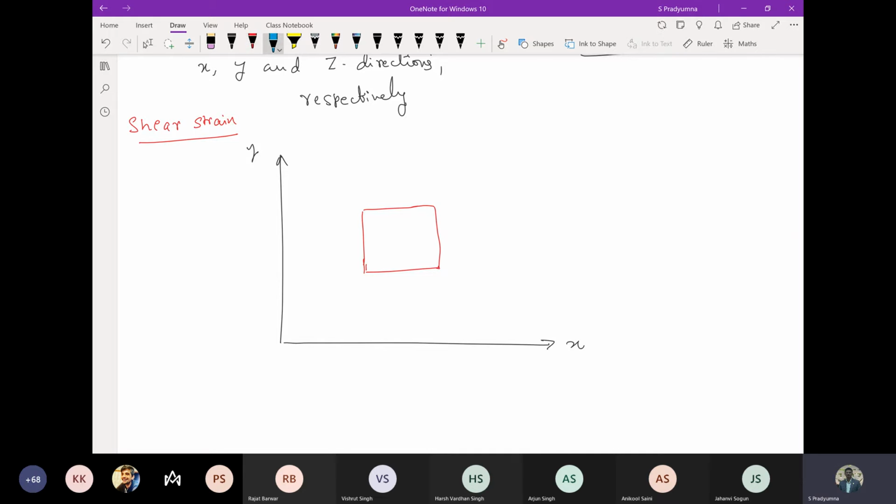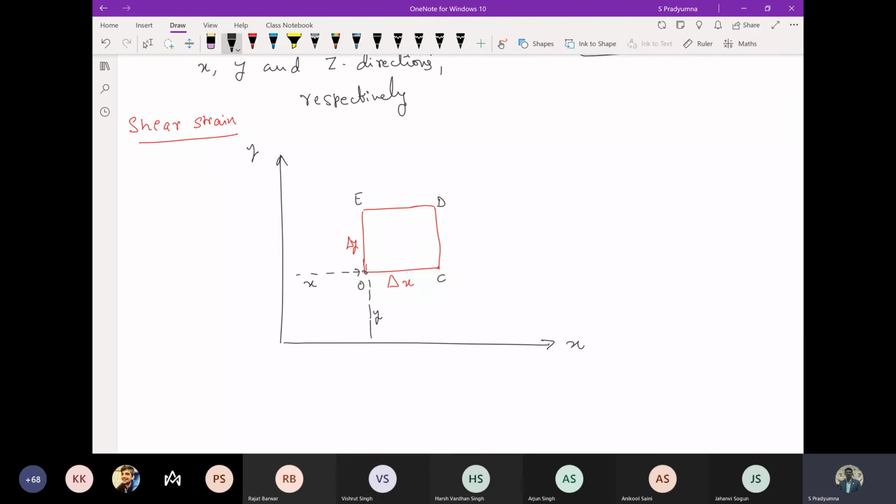This has dimensions of delta x and delta y. Now let us define this point as point O. This is C. This is D. This is E. So this is the y coordinate of that point, and this is the x coordinate of that point.